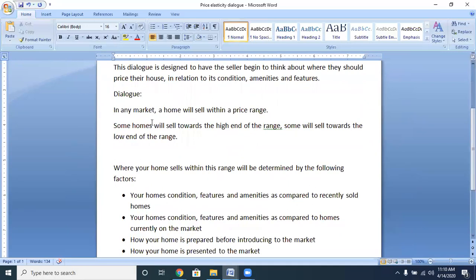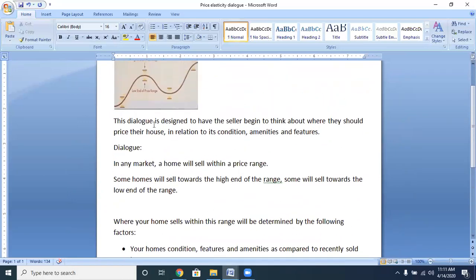Now, the way that I would explain it, I'm just going to try and say it how I would to a seller. In any market, a home will sell within a certain price range. Some houses will sell towards the high end of the range, and some will sell towards the low end of the range. But again, in any market, it's going to sell within a certain range given on the overall market.